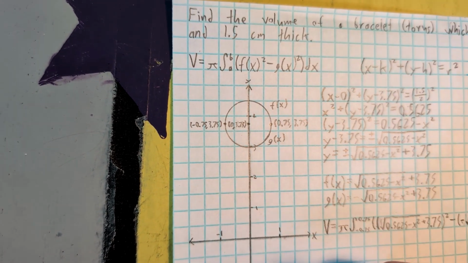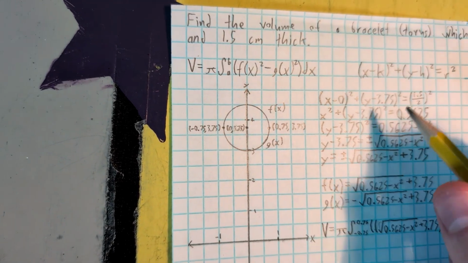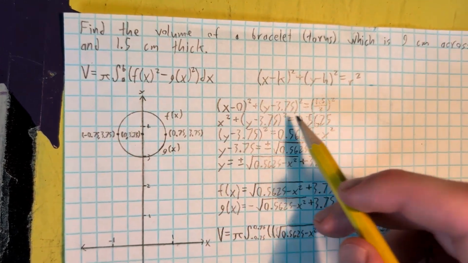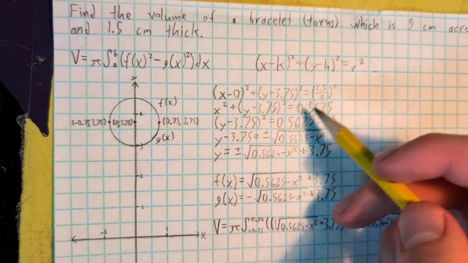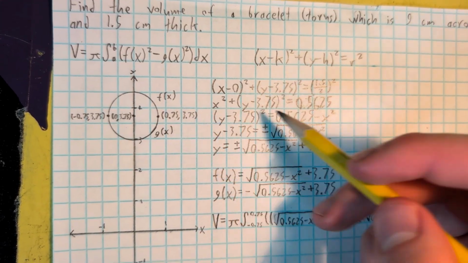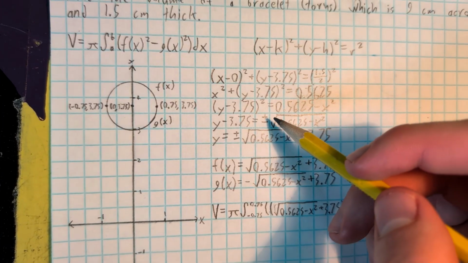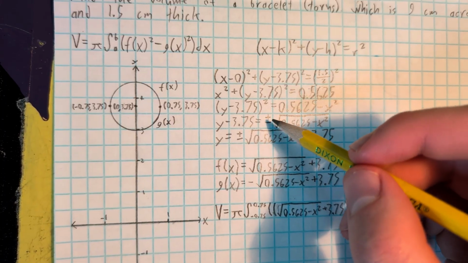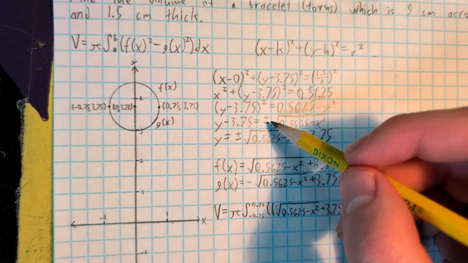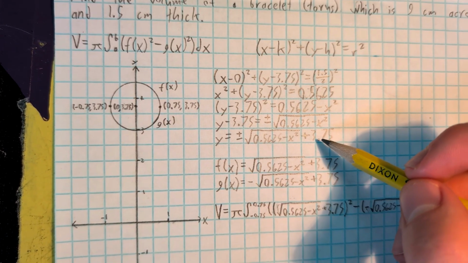We'll start with that. Let's rearrange our formula. We've got everything plugged in right here, and then we just rearrange it. We move x squared to this side, take the square root of both sides, note that it's plus or minus, and then we add 3.75 to both sides.